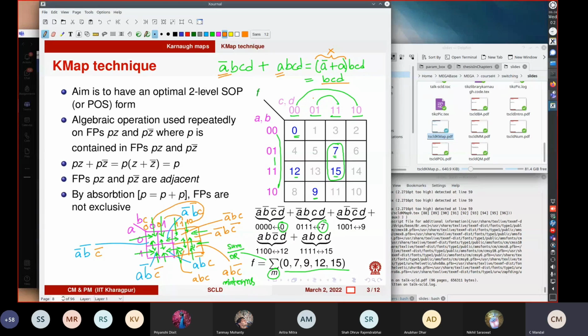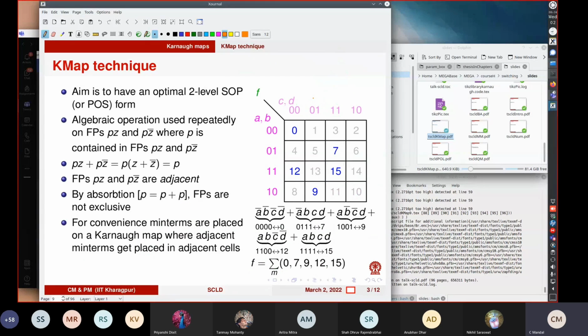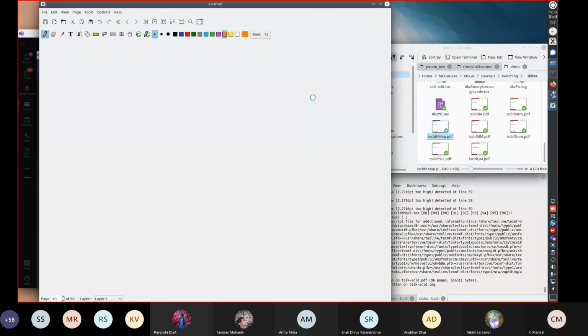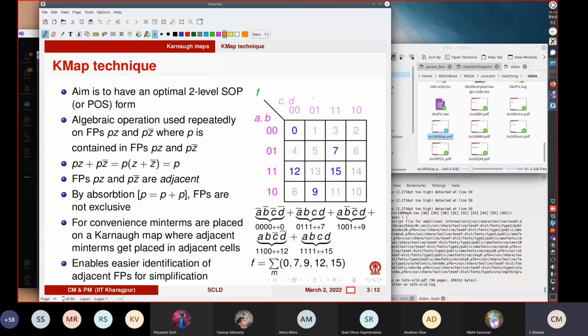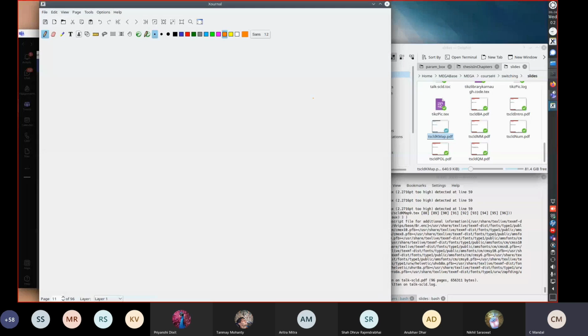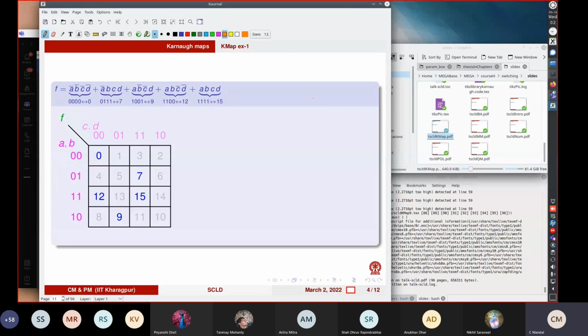So now let us move on to an example. This is the same example.